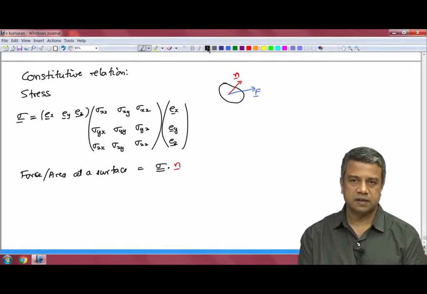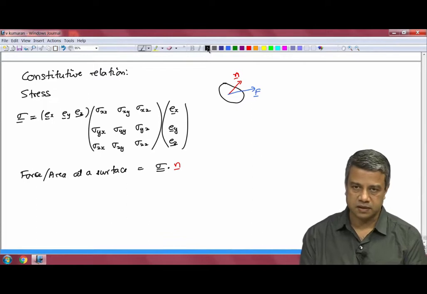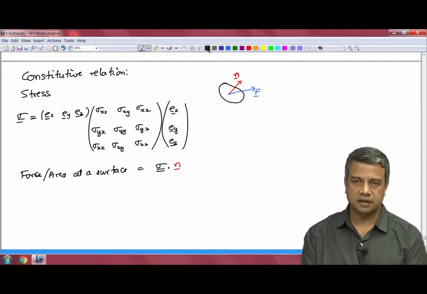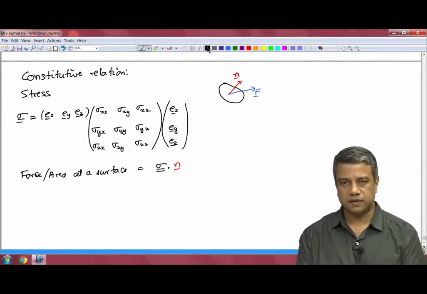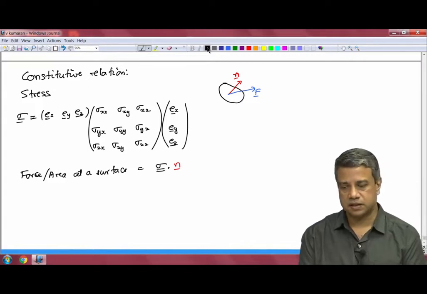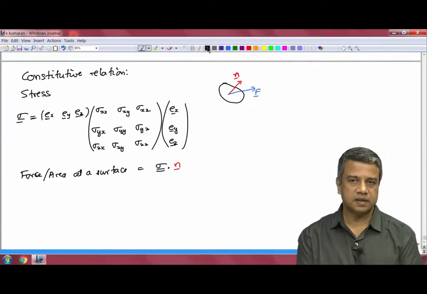If the surface is parallel to the flow, the force will be less perpendicular to the surface, and so on. However, the components of the stress are uniquely specified at each location. So, the stress is a field variable, a second order tensor field variable, which comprises 9 scalar components: 3 values of x, y, z for the force direction, and 3 values of x, y, z for the direction of the perpendicular to the surface. So, that is the first component, that is the stress.